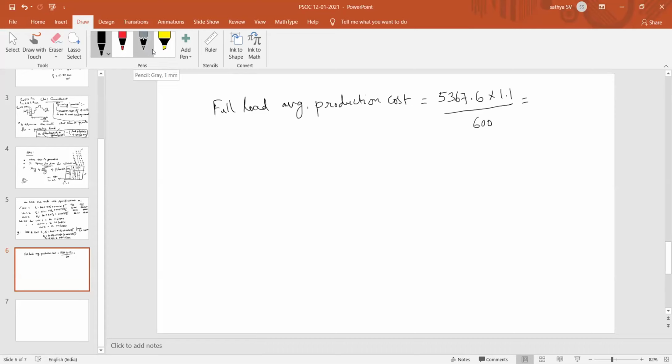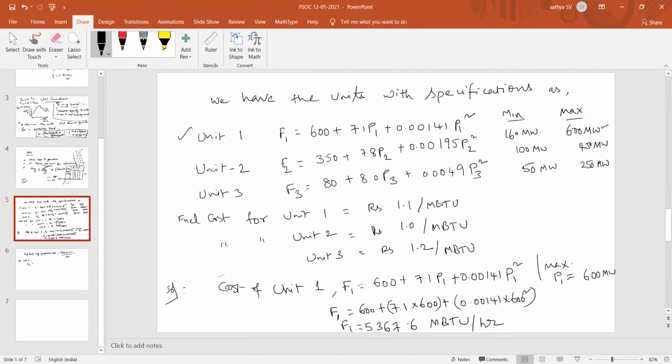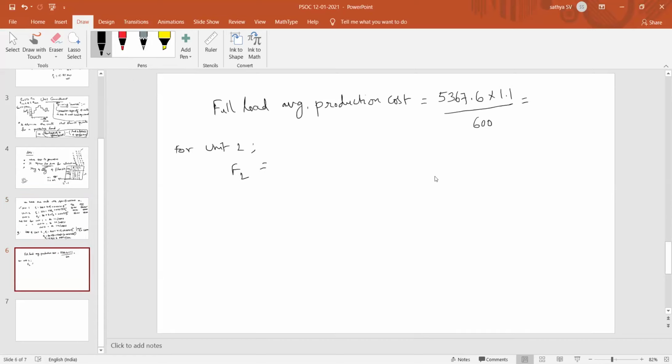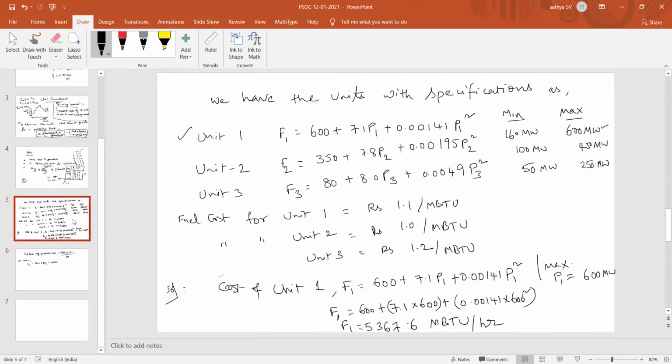Once you have calculated it, you can go for unit number 2 in a similar fashion. For unit 2, the same procedure. Cost of unit 2, that is F2, what is that equation? 350 + 7.8 P2 + 0.00195 P2 square.